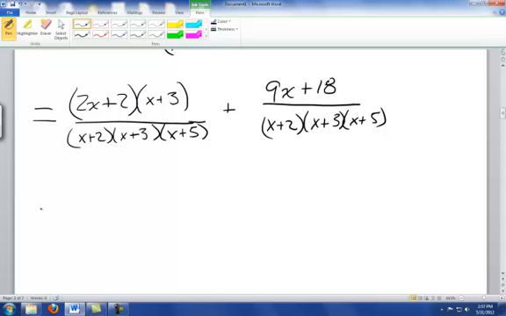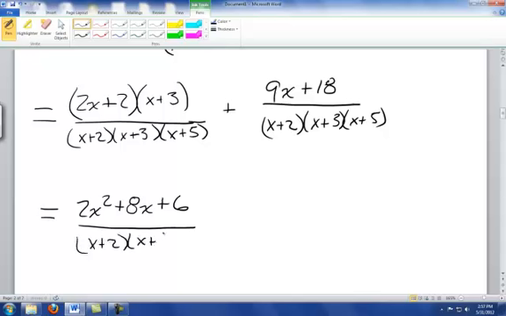Okay, continuing to FOIL out the numerator of that leftmost term gives us 2x squared plus 6x plus 2x, or plus 8x total, plus 6, all over x plus 2 times x plus 3 times x plus 5.